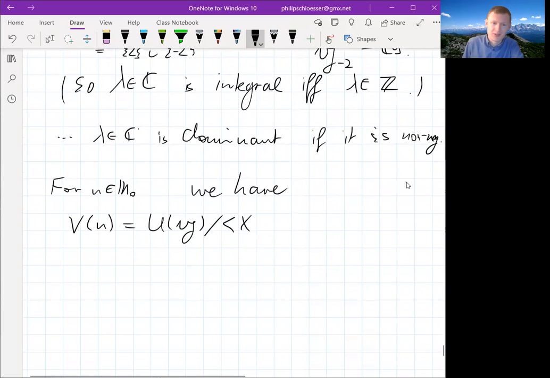So if we already have the maximum number of particles, when we apply the creation operator, it just vanishes. And the second condition is that h should act as n, just as the natural number n. Okay, then 1 is the highest weight vector.